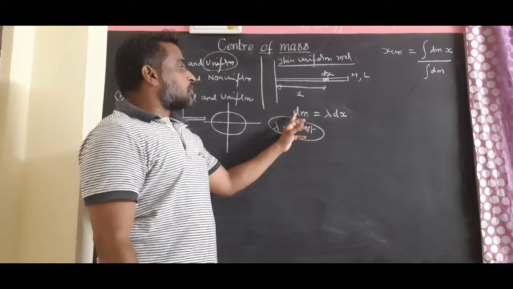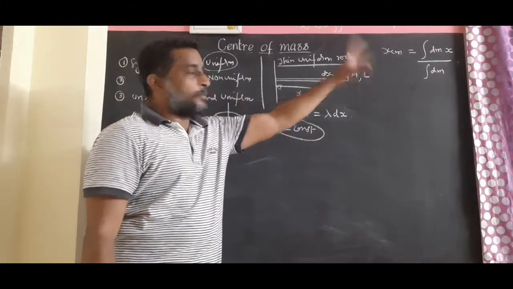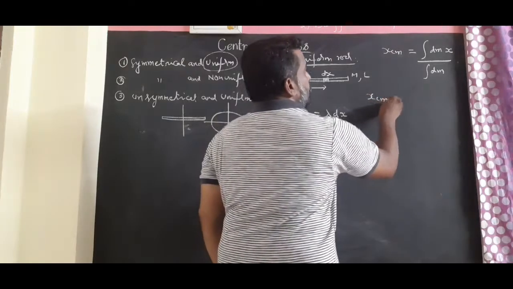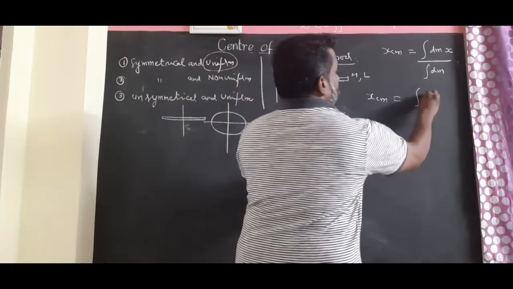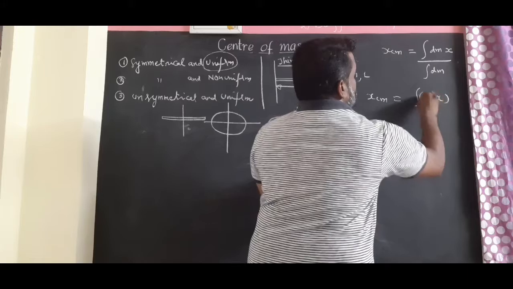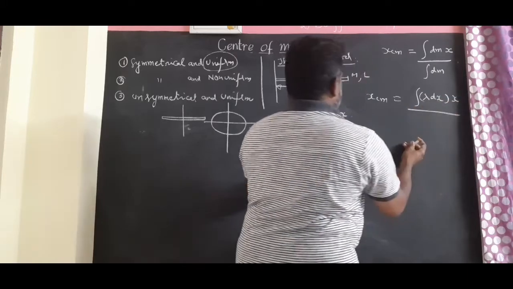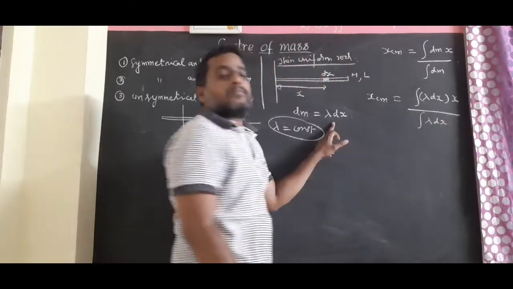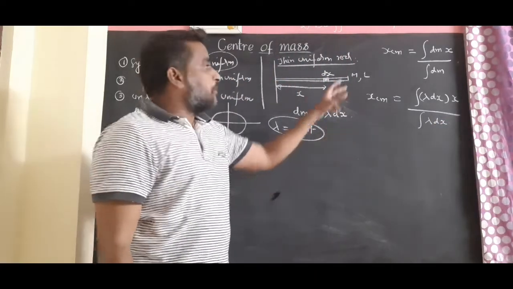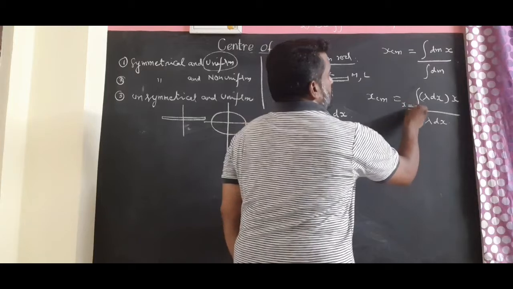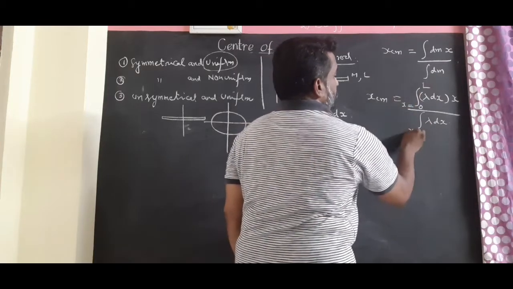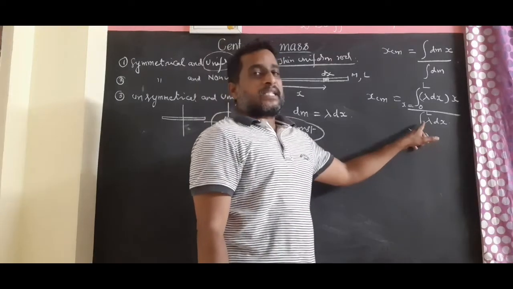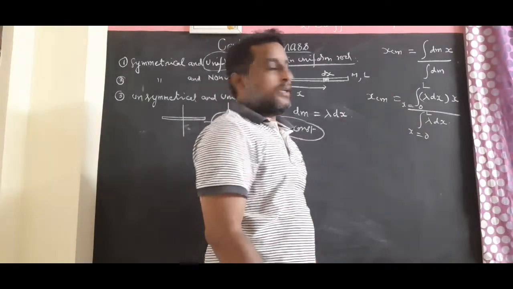Okay, now let us substitute this dm in that particular equation with proper limits. So xcm will be equal to integral lambda dx into x divided by integral lambda into dx, where limits of x are from 0 to L. As lambda is constant in this equation, the factor will be cancelled.